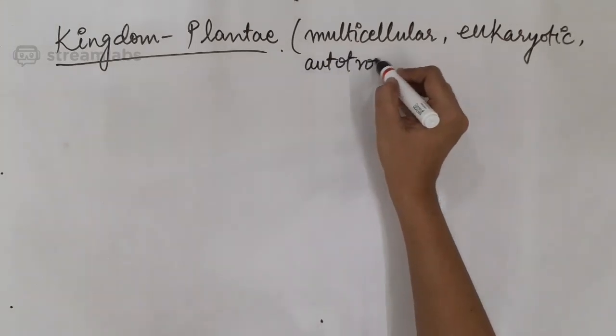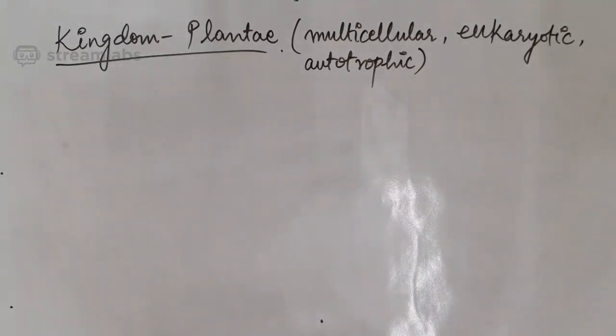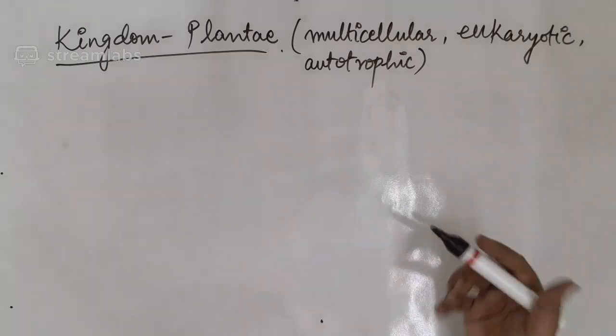Autotrophic means they can make their own food with the help of the green colored pigment known as chlorophyll. These are made up of many cells, or multicellular, and they all have chlorophyll. That's why they are autotrophic in nature.